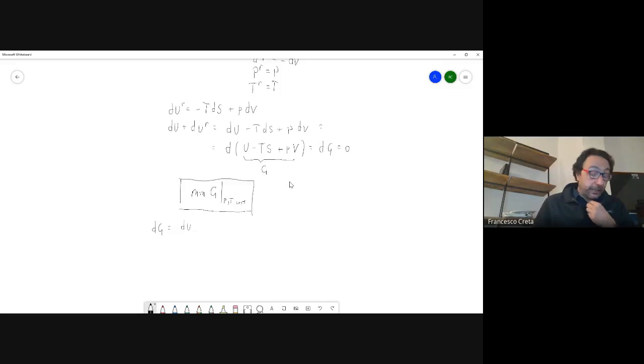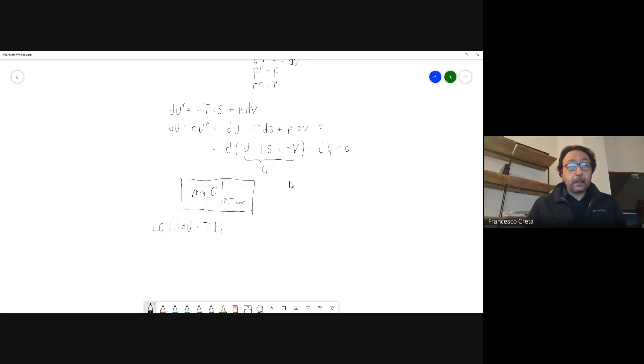Let's write it again. dU minus TdS, in full, minus SdT plus PdV plus VdP.